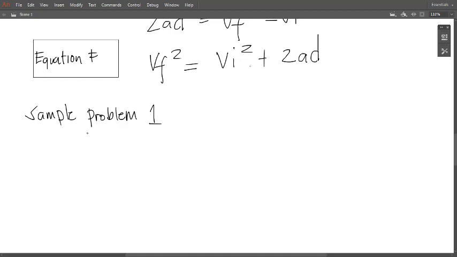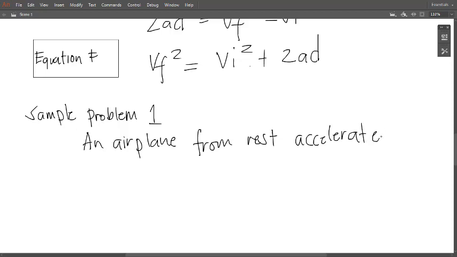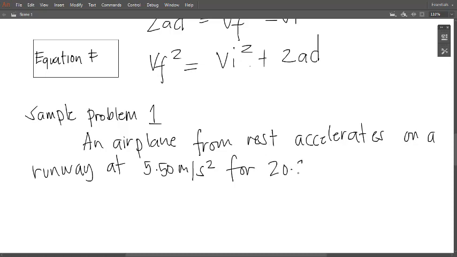Let me write the problem first. An airplane from rest accelerates on a runway at 5.50 meters per second squared for 20.25 seconds until it finally takes off the ground.